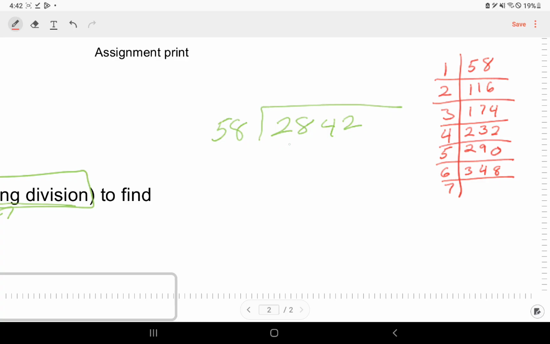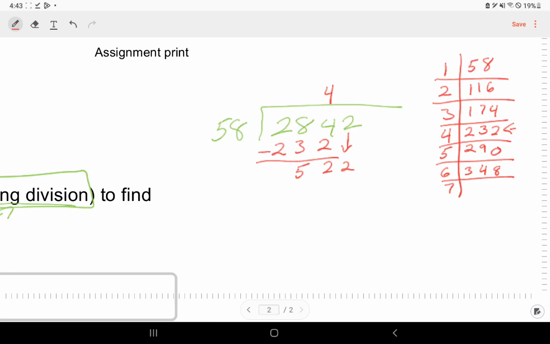So the closest I can get to 284 without going over is 232. Well, 4 minus 2 is 2. 8 minus 3 is 5. And that went with a 4. So I bring down my 2.